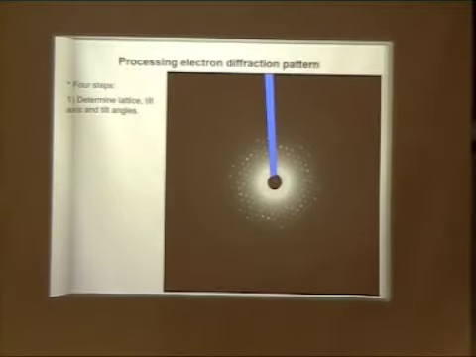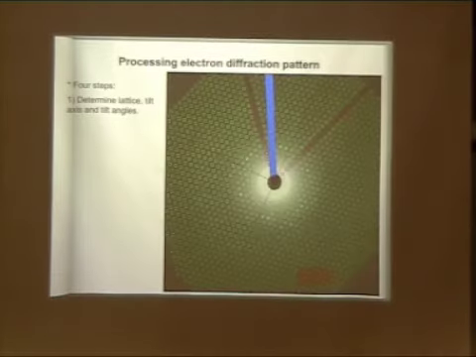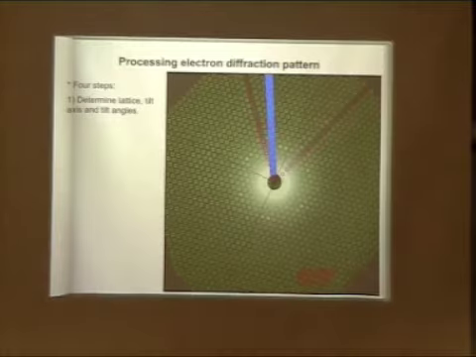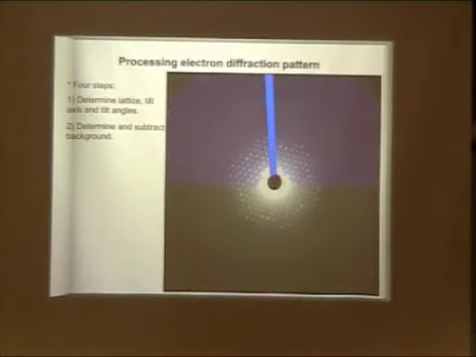So using the MRC package, with the interface that I used almost 10 years ago in Hiroshi's lab, you have a diffraction pattern, and then you can determine your lattice and your tilt angle and tilt axis, and then you mark out all this area between the spots to determine your background.